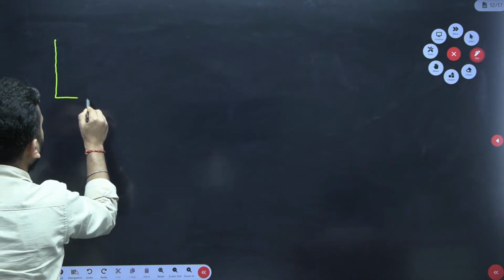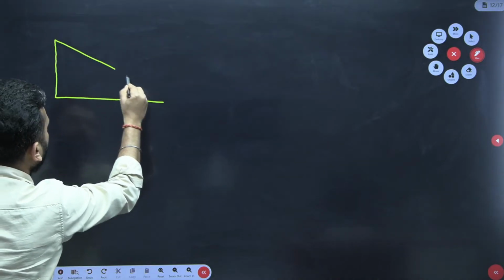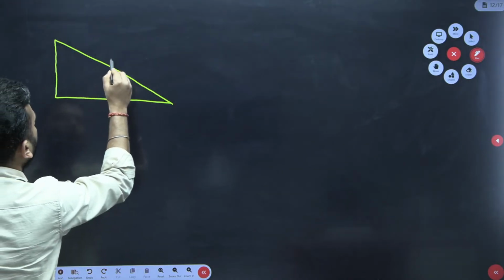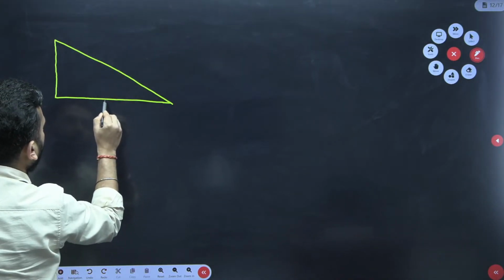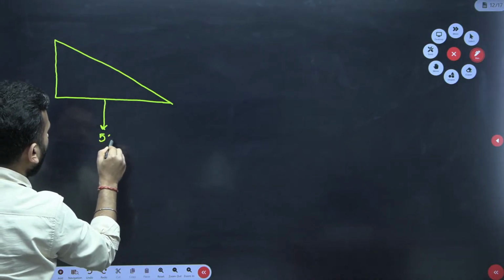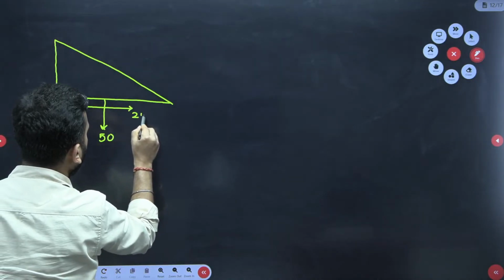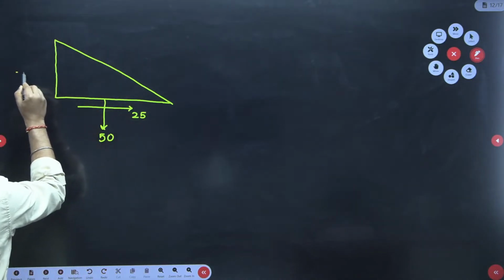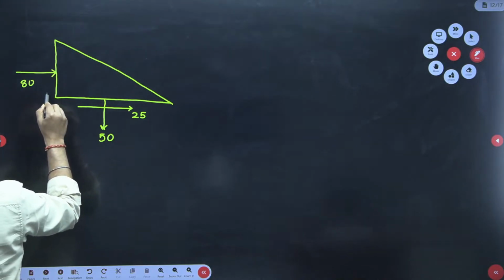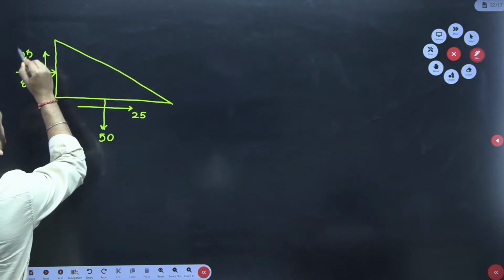So again the base figure I am drawing. This is the base figure that I am drawing. So obviously I remember something, so this was 50, this was 25, this was 80, this was 25.